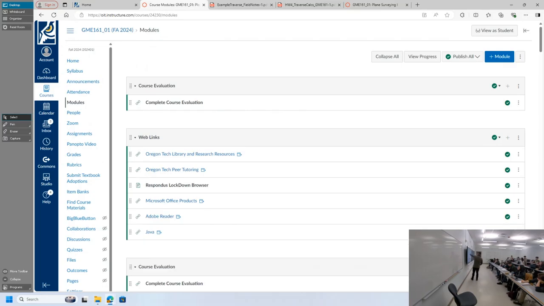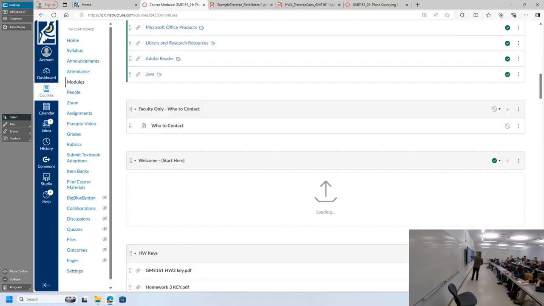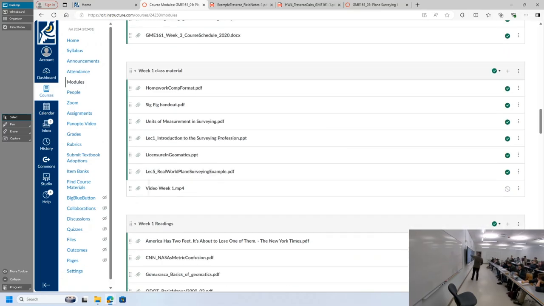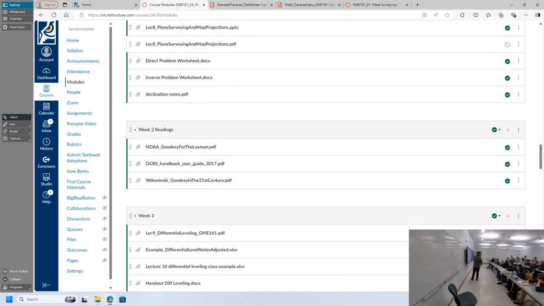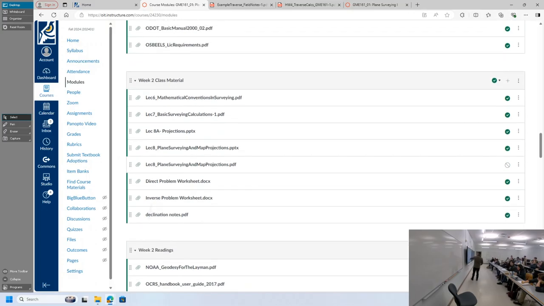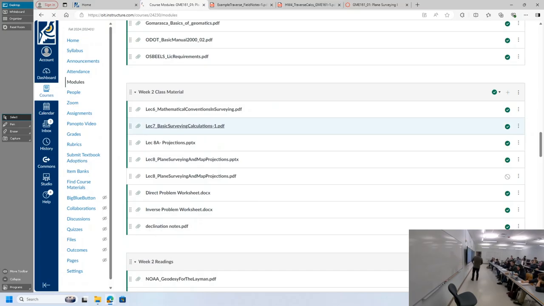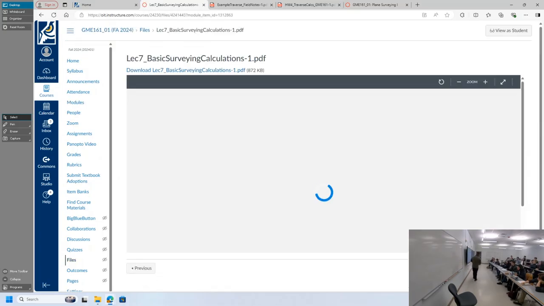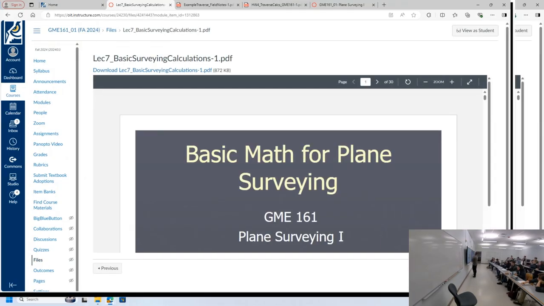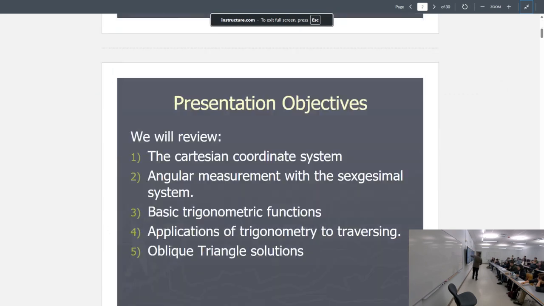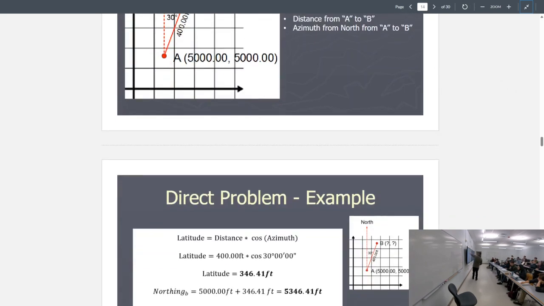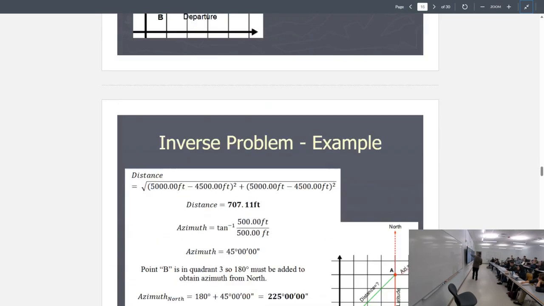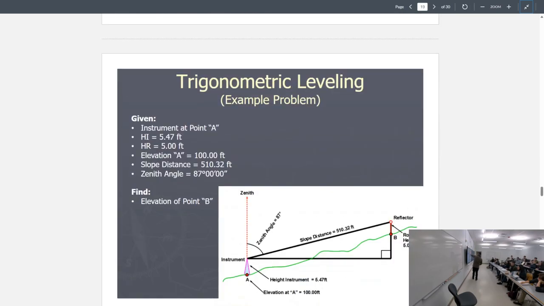So if you go to the modules and you go to basic survey calculations, you guys are allowed to grab any of this for the exam. Let me make this big for you. It is at the bottom of this thing. Right there, inverse.